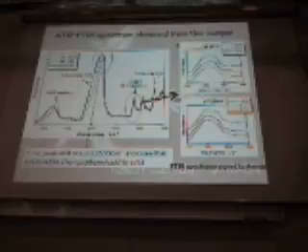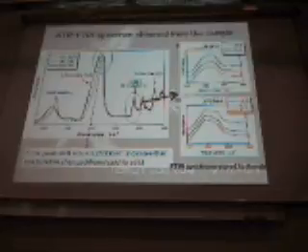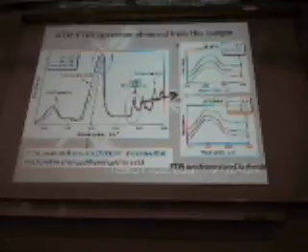This is alpha helix, and other structures.